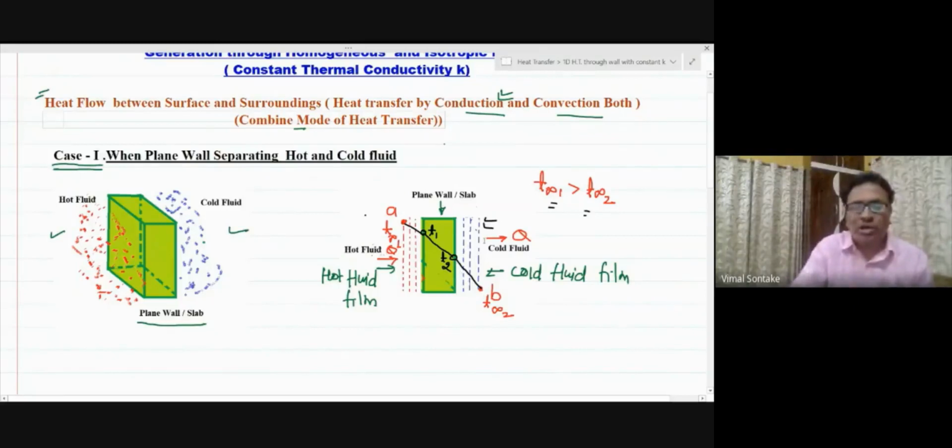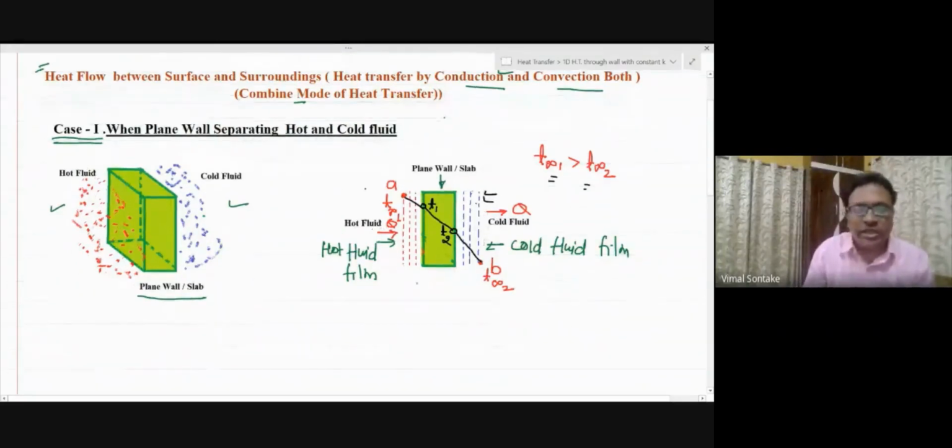I can also draw the equivalent circuit of this heat transfer through plane wall separating hot and cold fluid film. So the flow quantity will be Q. The first potential difference will be temperature difference between T infinity 1 and T1 across the fluid film.